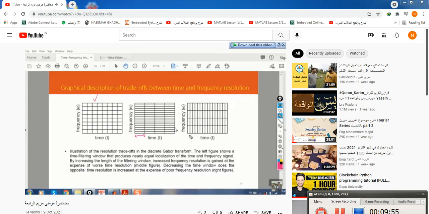And also, if you decrease the temporal resolution, the frequency resolution increases. They are in inverse relationship with each other. We know that time and frequency are in inverse relationship, and here it also affects the temporal and frequency resolution in Gabor transformation.